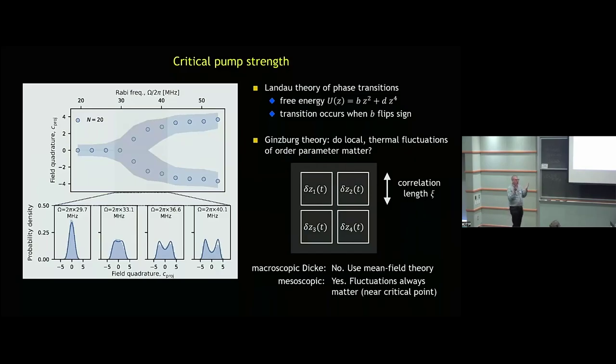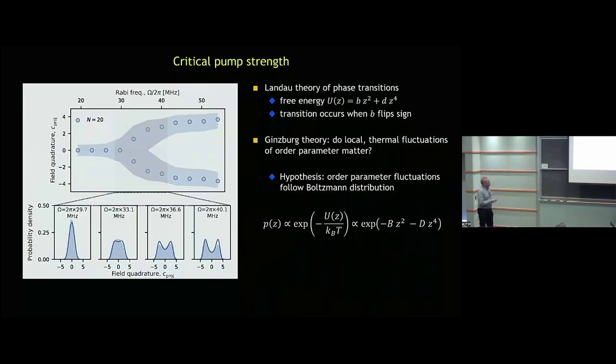Everything's coupled to everything, so it's clearly above the critical dimension. And so the macroscopic Dicke model would be well described by mean field theory. But for a mesoscopic system, there isn't an infinite size limit, and so the fluctuations, at least close to the phase transition, are always important. So that's a hallmark of our system.